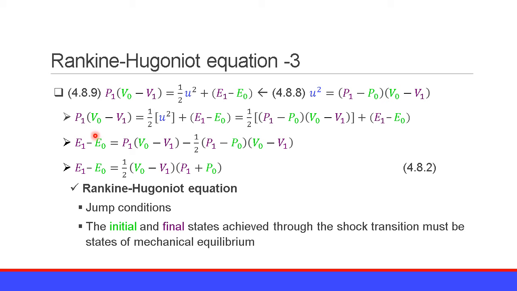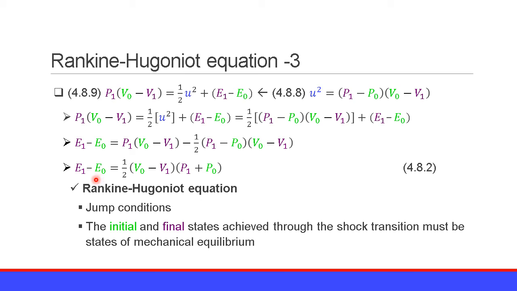Then we have P1 times V0 minus V1 equals 1 over 2 times P1 minus P0 times V0 minus V1, plus E1 minus E0. Then we simplify this equation.